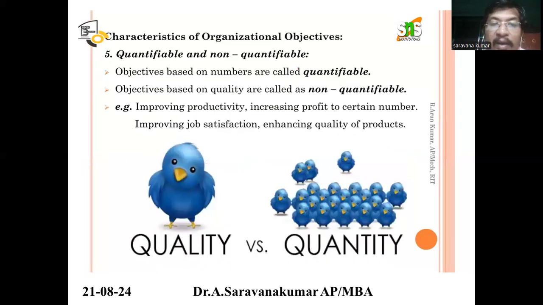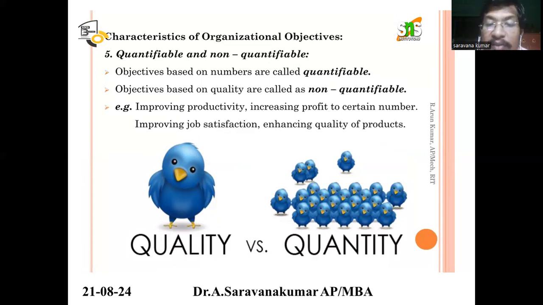Then quantifiable and non-quantifiable. Quantifiable means objectives based on numbers, some quantities, counting numbers. Non-quantifiable is nothing but quality. So what is the quality of the product? Improving productivity and increasing profit to a certain number is quantity.